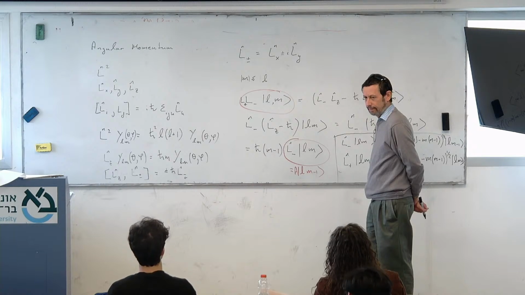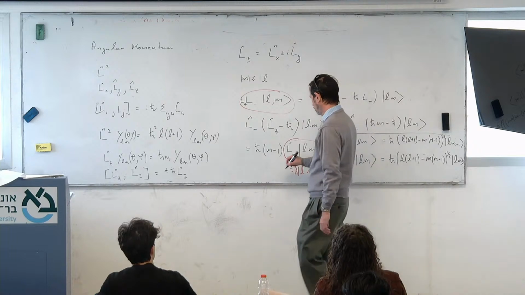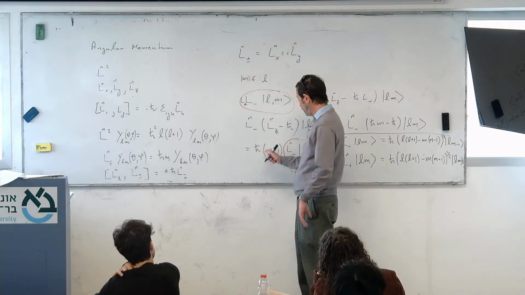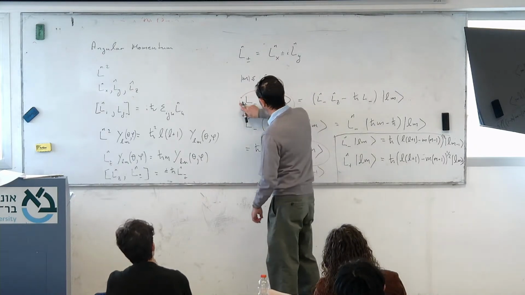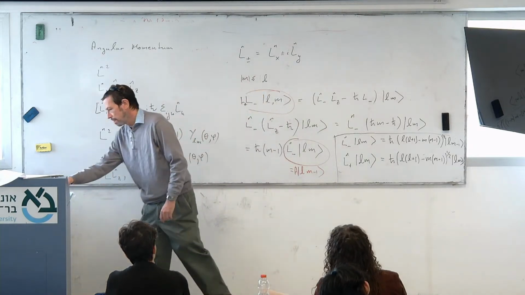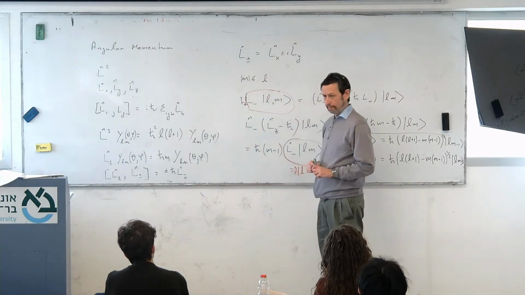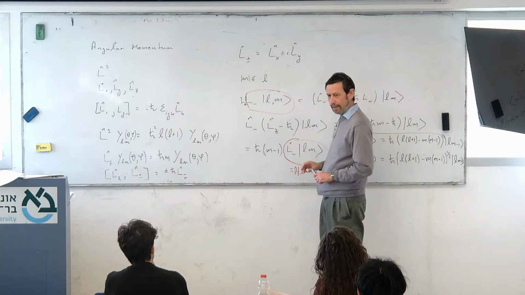So then you get that the Lz is what makes it go down by one energy level? Yeah. Lz operating on this function gives you a constant times this function.